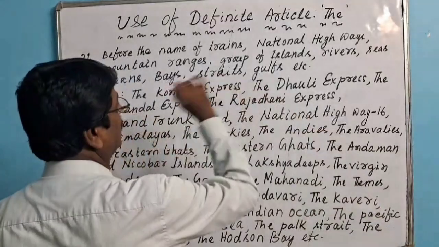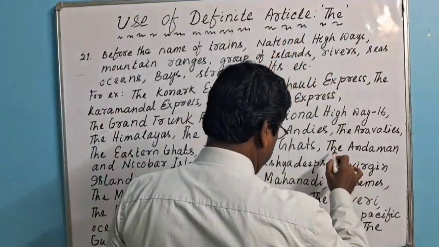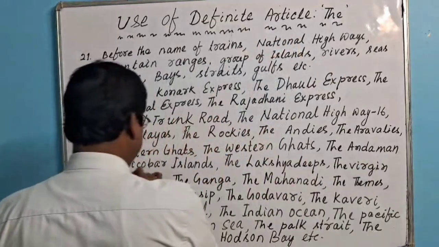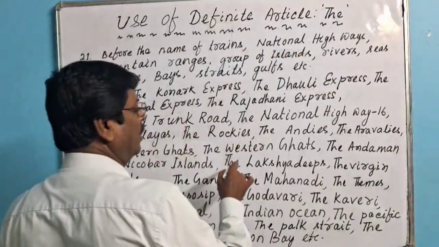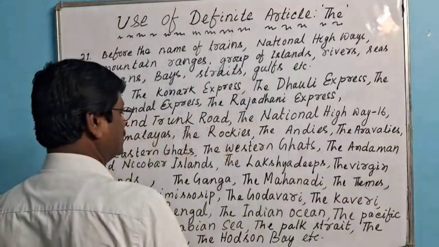And similarly, the is also used before the group of islands like the Andaman and Nicobar Islands, the Lakshadweep, the Virgin Islands.